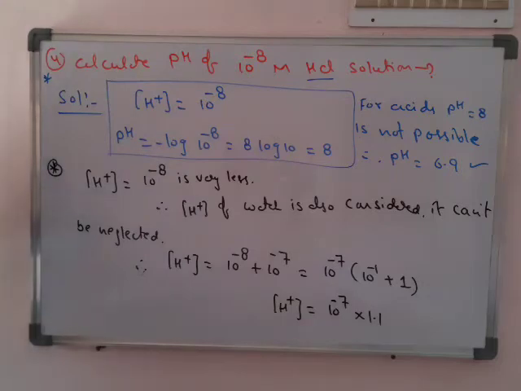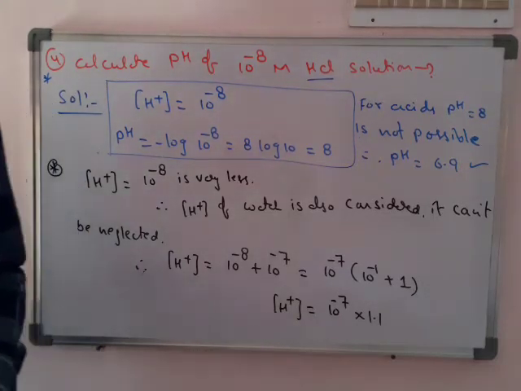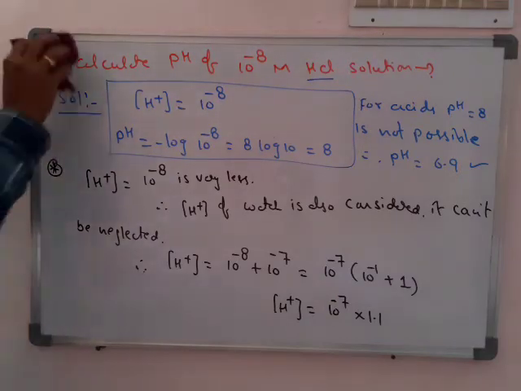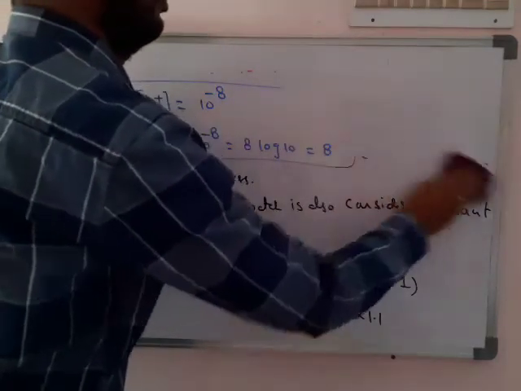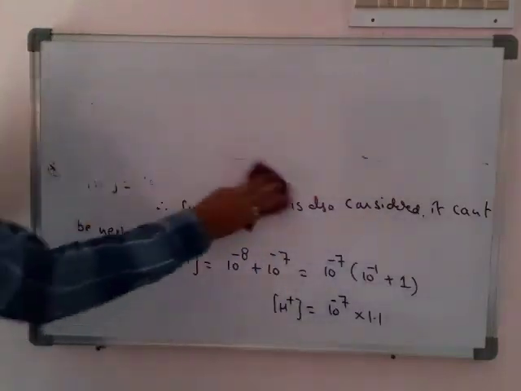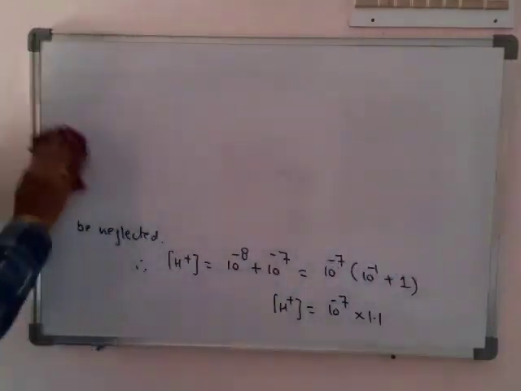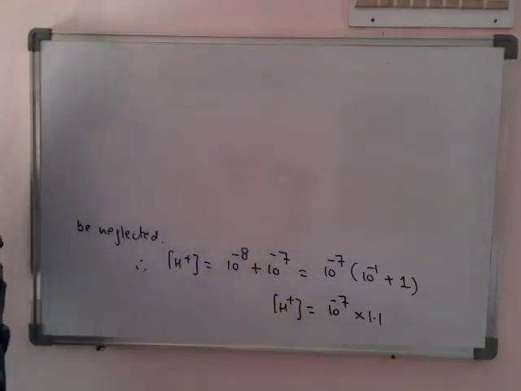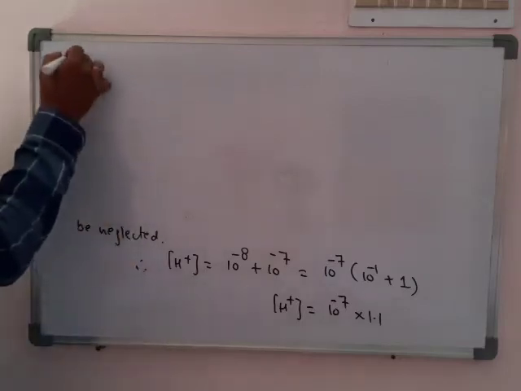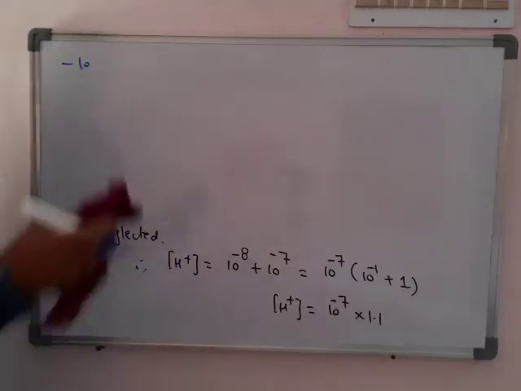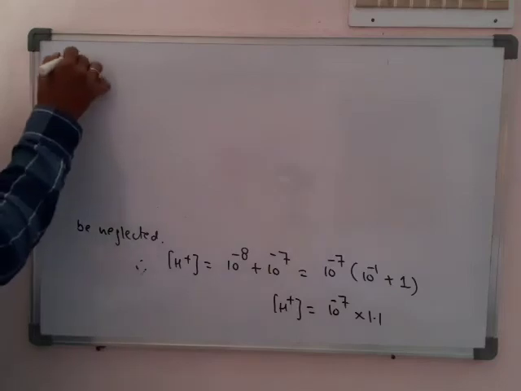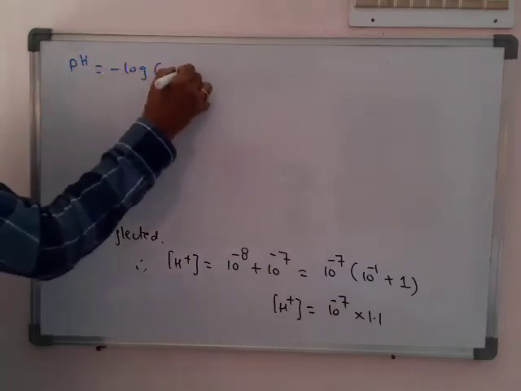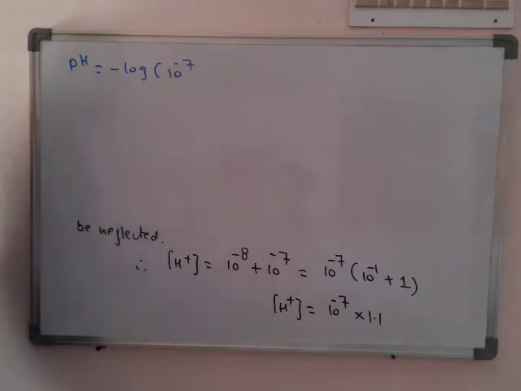So the H plus concentration we got is 1.1 times 10 power minus 7.